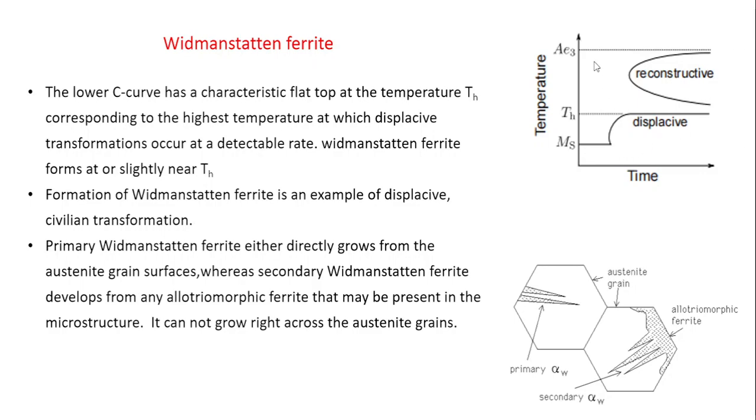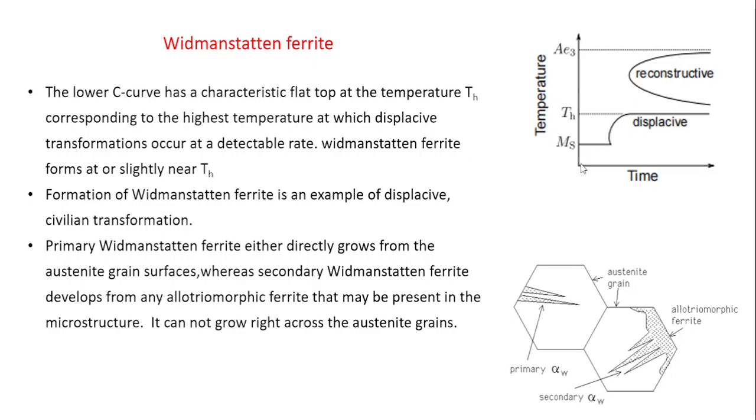This is a typical TTT curve for a steel, which is a schematic, and this upper C curve represents a reconstructive transformation such as ferrite transformation.